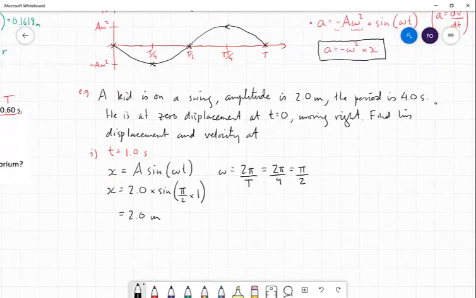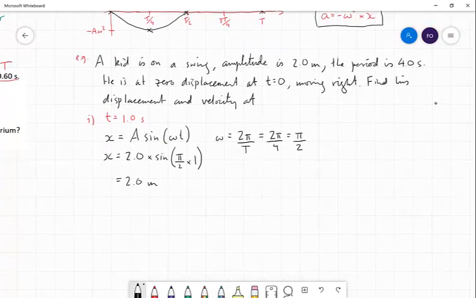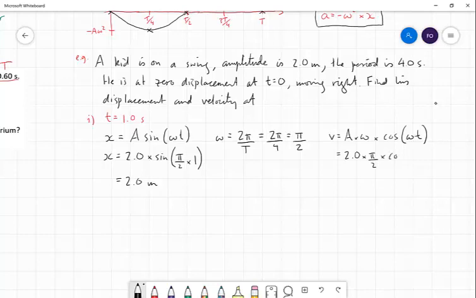Okay, and we also know that the velocity should be 0. We can work that out as well and just confirm it. v is equal to A times omega times cosine of omega t. So in our case, that's amplitude 2.0 times omega, which was pi over 2, times the cosine of pi over 2 times 1.